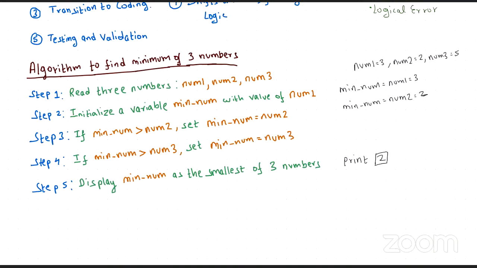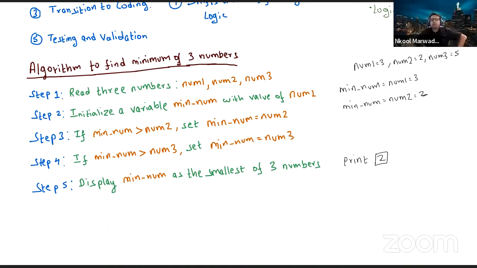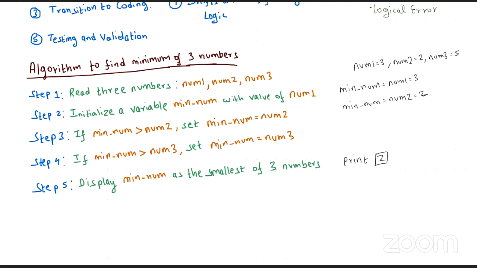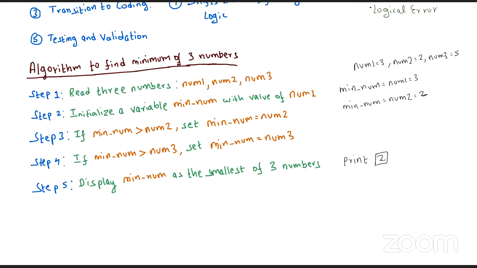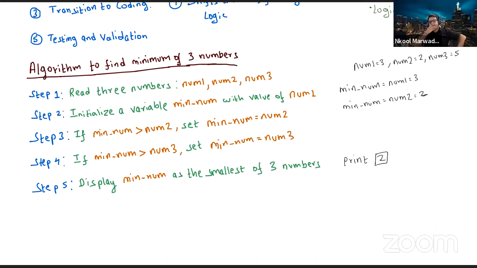Here in step 2, if we don't initialize the variable and don't assume that num1 is the smallest, and we just go to step 3 and start testing, it will not work.